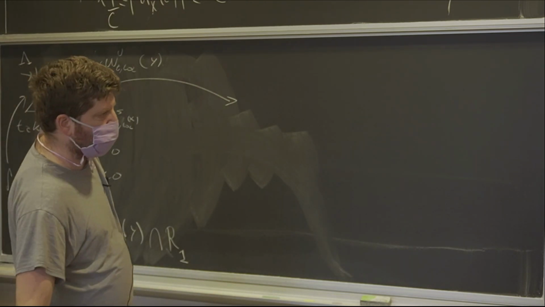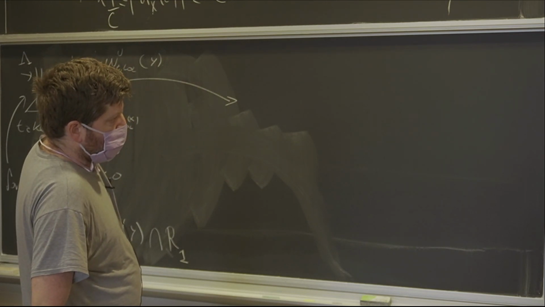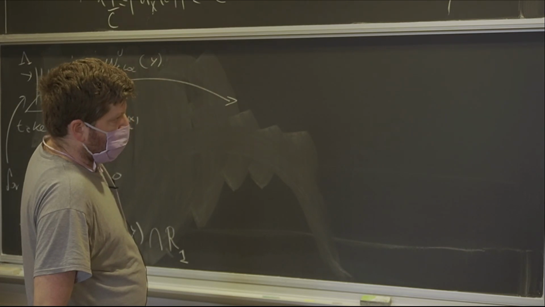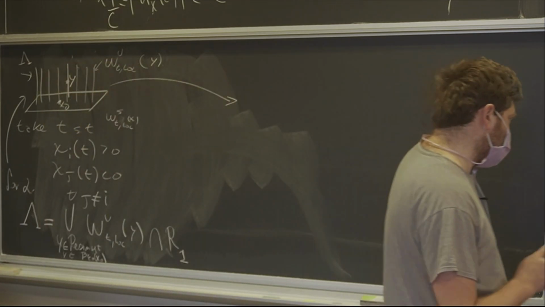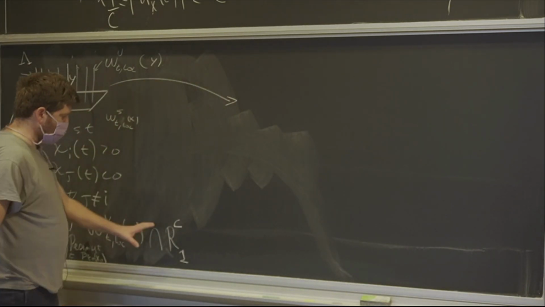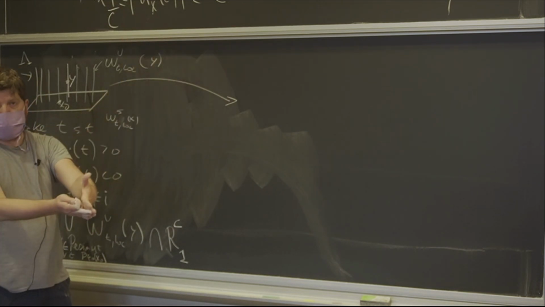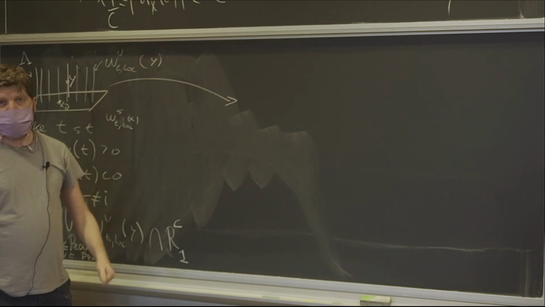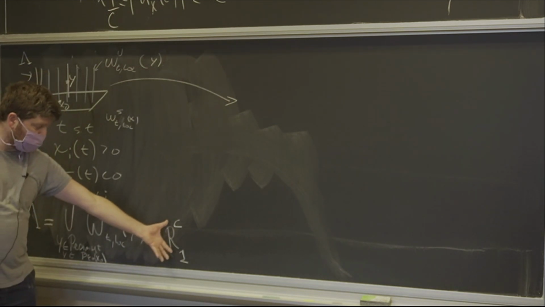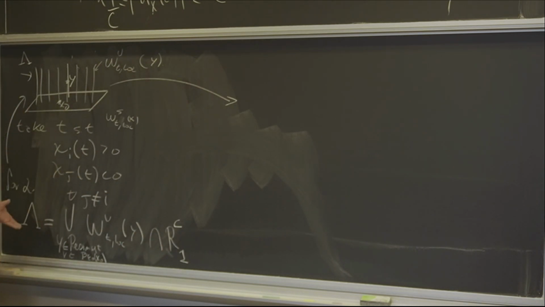So I'm assuming R1 complement. So R1 has zero measure, so the complement of R1, which is the set of collapsing of Wi, has full measure. So this set intersecting with this set has no implication essentially from the measure point of view, but it's very important for topological reasons.